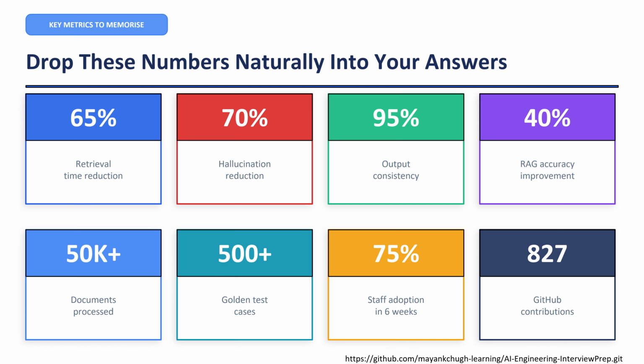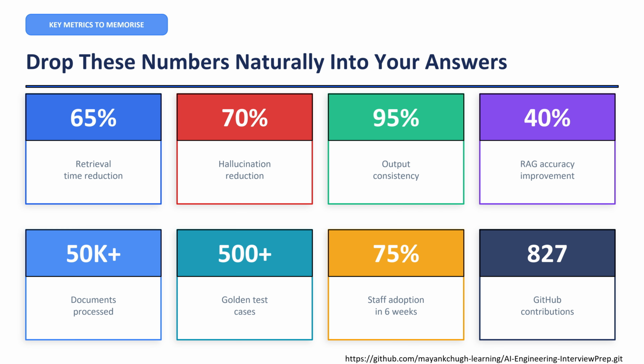You can move these numbers up and down. These metrics are your credibility. When you drop specific numbers into your answer, you go from sounding like someone who understands AI concepts to someone who actually shipped production AI projects.